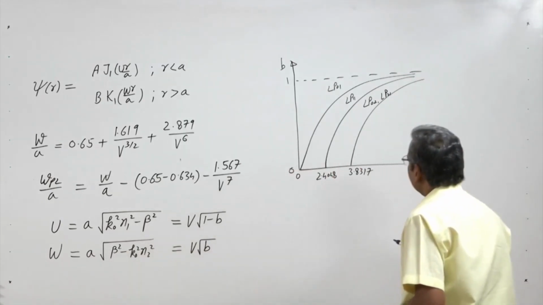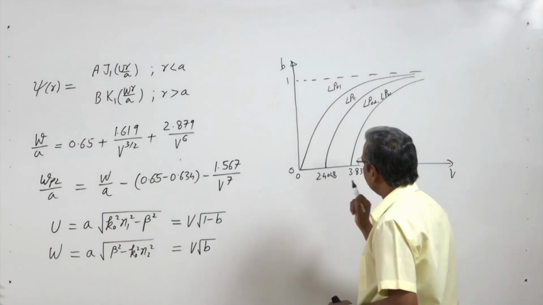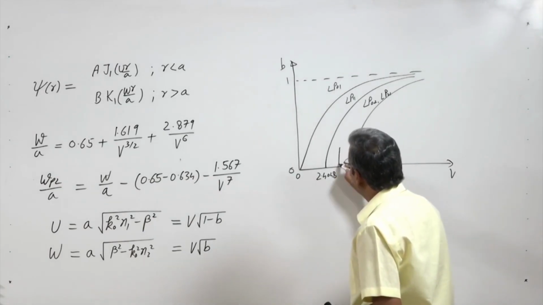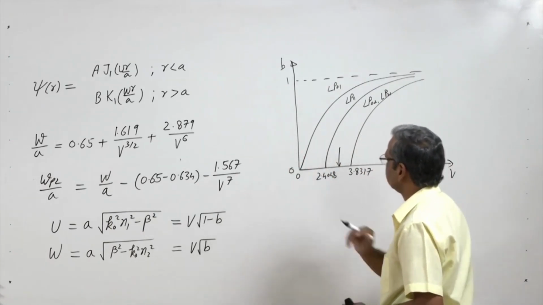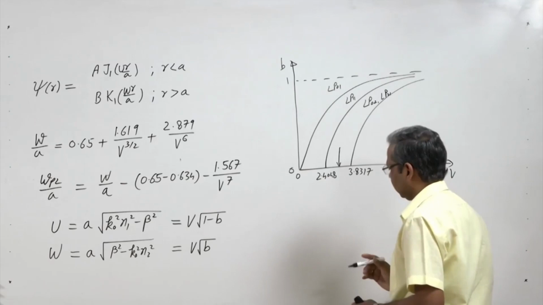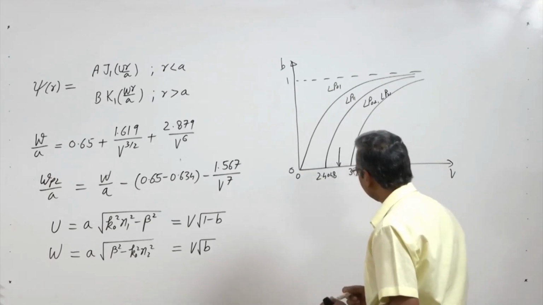So if the fiber supports two modes, then the value of V should lie somewhere here, so that these two modes are supported and the other modes are cut off.